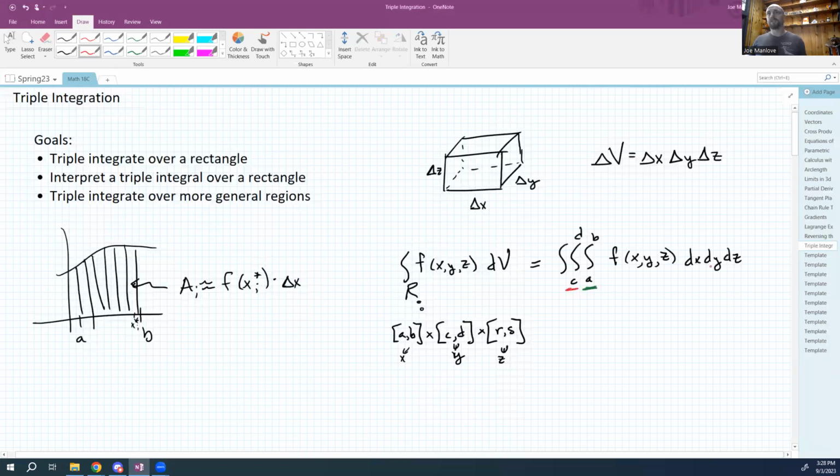So the middle set goes with Y. Oops, where'd my green underline for X go? And then my last set is going to be from R to S, and those are going to be my Z bounds. Otherwise, we're just going to integrate this the exact same way we just did two-dimensional stuff. You're just going to go ahead and do it.